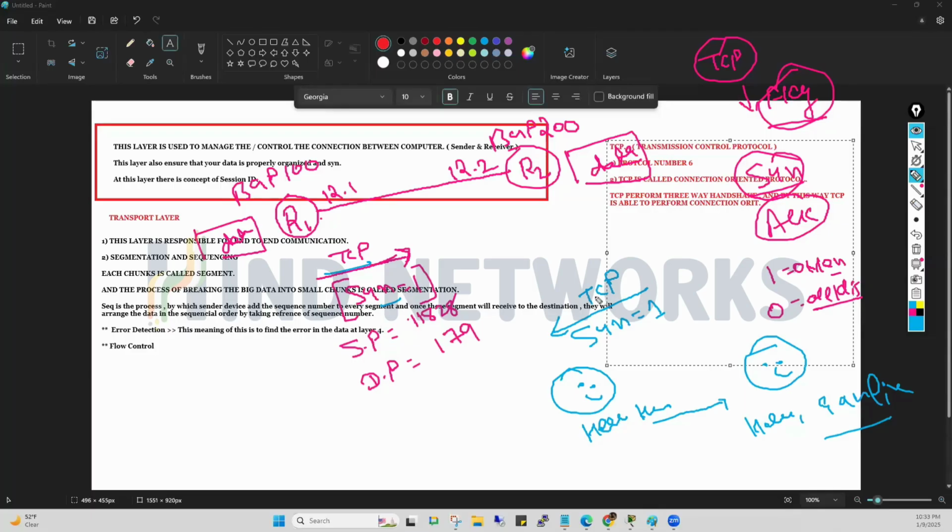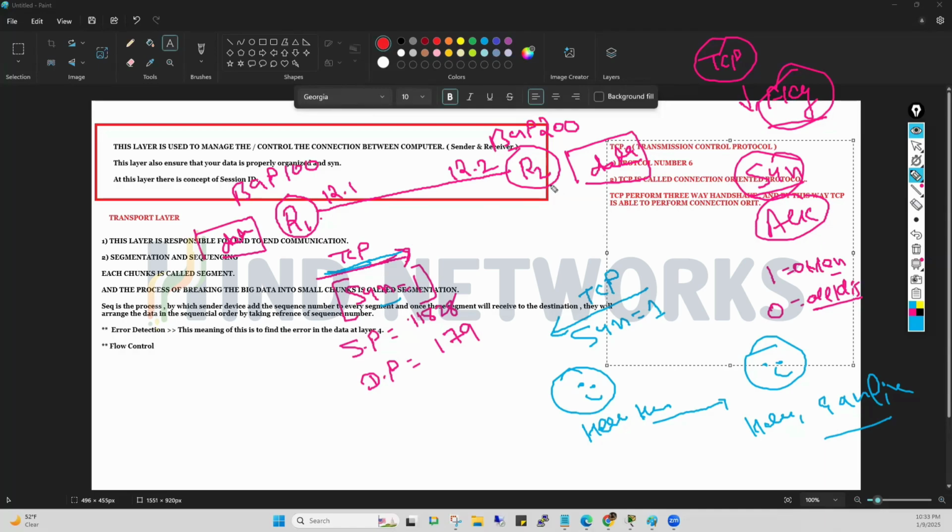In the same way, when this hello reaches R2, what will R2 do? R2 will tell hello, hello. How will R2 tell hello? By SYN. SYN means hello. So R2 is telling hello, and R2 will also give the acknowledgement. Try to understand.